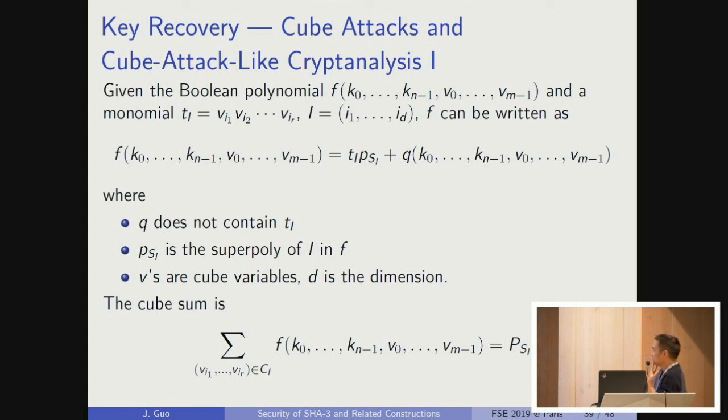Here the T, V are the cube variables, and D is the dimension. The cube sum can be expressed in this way if we take the sum over all the V's.